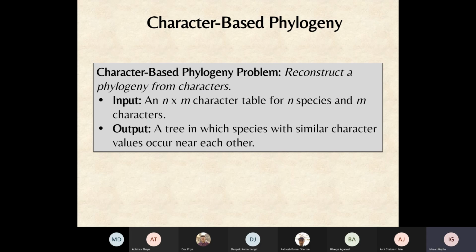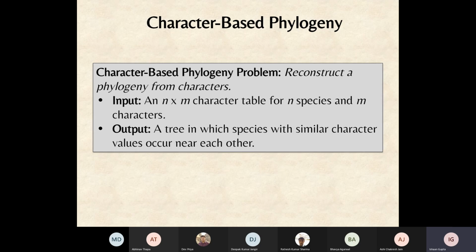Now, if you ever think that biological algorithms and problems are not interesting, you would be surprised to know that similar character-based phylogenies are actually the basis of a lot of these YouTube and Netflix recommendation algorithms, because they are also trying to see who is watching what kind of content and then suggesting that people who are watching two similar kinds of content might also like to watch content that the other person hasn't seen, right?